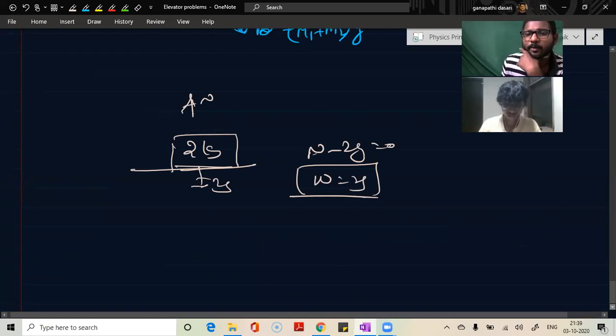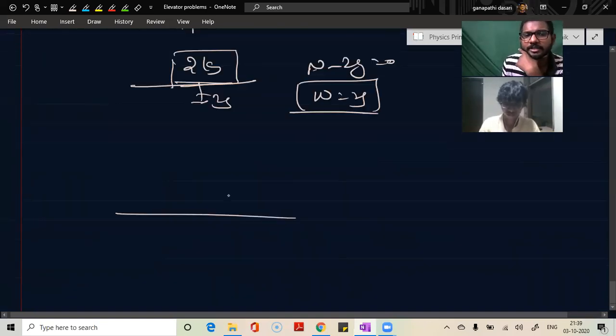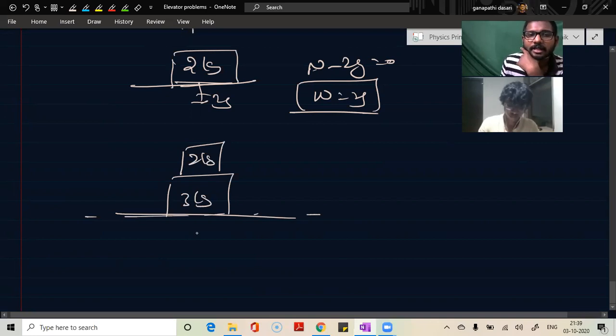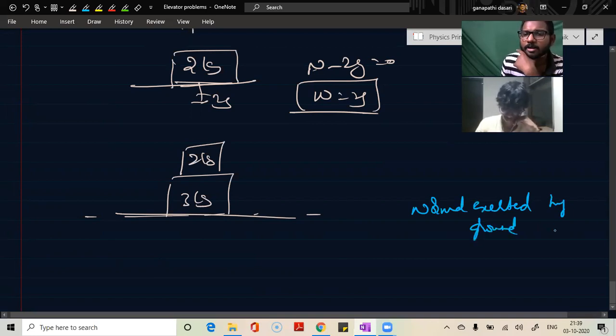Now I'll give you a problem wherein 3 kg, 2 kg. Here you tell me the normal exerted by the ground on the 3 kg block, and the normal exerted by the 3 kg block on the 2 kg block.